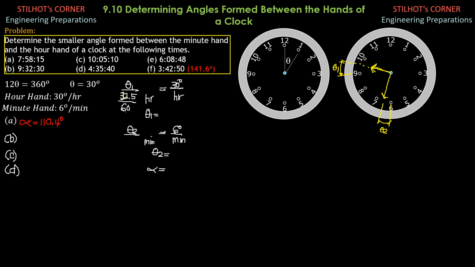So 30 times 32.5 divided by 60 is 16.25 degrees. Then theta 2 corresponds to 2.5 minutes beyond 30, so 2.5 minutes times 6, so that's why it's indeed 15 degrees.